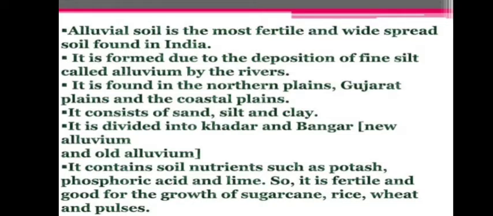It is found in the northern plains, Gujarat plains and the coastal plains. There are some peninsular rivers also. Apart from Himalayan rivers, there are some peninsular rivers also which deposit fine silt, which is called alluvium, on the banks of the river.